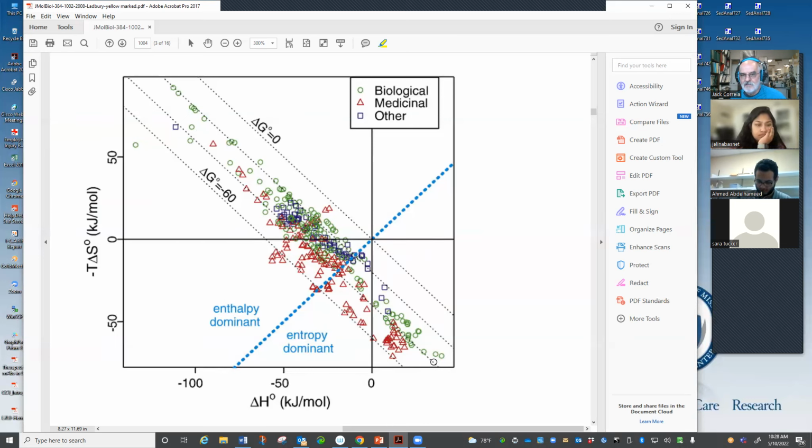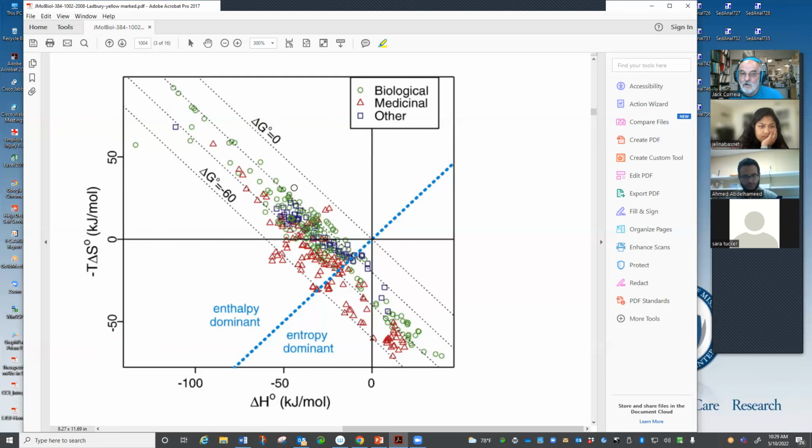Okay, and so you can see that because the enthalpy goes from whatever this is, that looks like about positive 50, to -130. And the entropy term, minus T delta S, goes from 75 to -60 or -70. Wide range, narrow range in delta G.